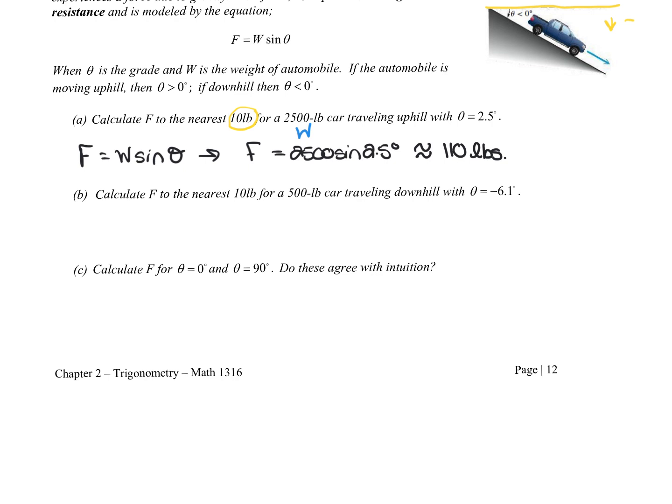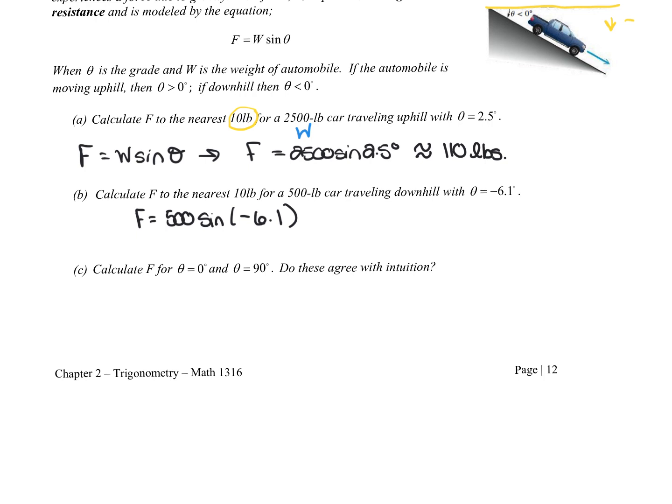The next one says that it wants us to calculate F to the nearest 10 pound for a 500 pound car, and this time my theta is a negative. I'm going downhill. So F equals, my W is 500 pounds, sine of negative 6.1 degrees. So you type that in your calculator.